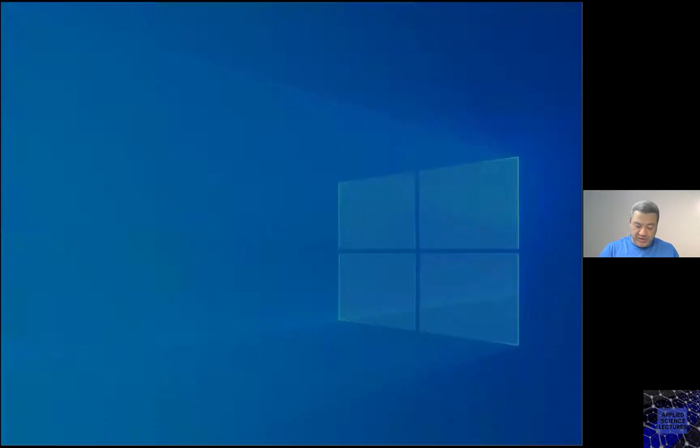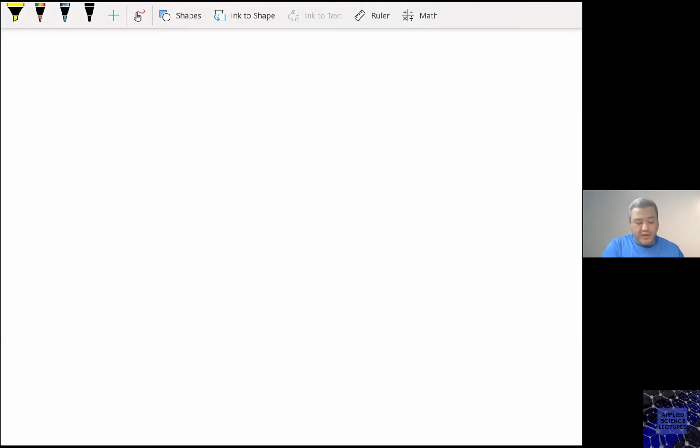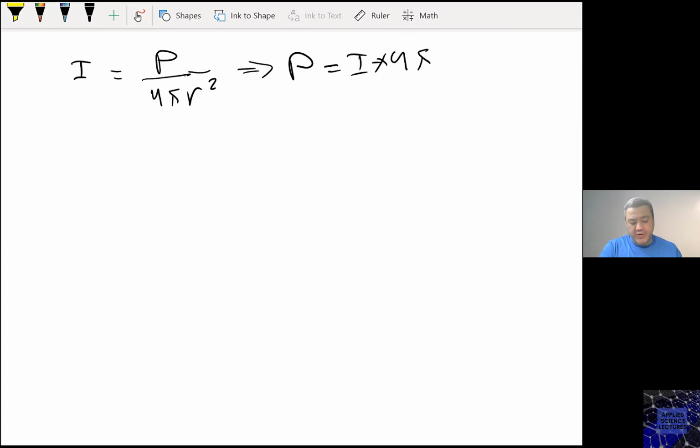So let's do this. We have I equals P divided by 4 pi r squared, which means the power is I times 4 pi r squared.